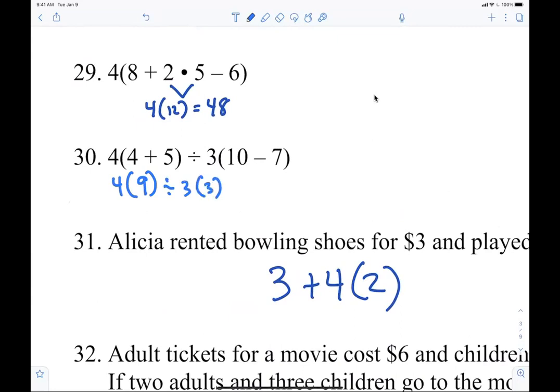And then I put the dividing sign in the middle, and then I looked at 4, and then I put 4 times 9. And then I multiplied 4 times 9. You get 36 from that. Then you multiply 3 times 3, which gives you 9. And then 36 divided by 9 is 4.